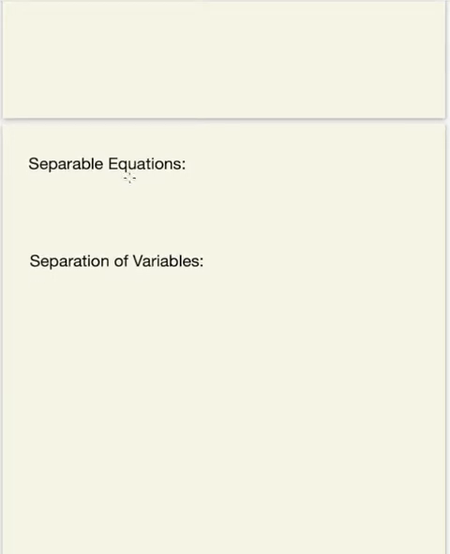So here we first talk about a special type of equations, which is called the separable equation. Now, the separable equation is a differential equation that looks like this: dy dx equals f of x times g of y. Now, the reason we call this separable equations is because we can separate the part about x and the part about y.